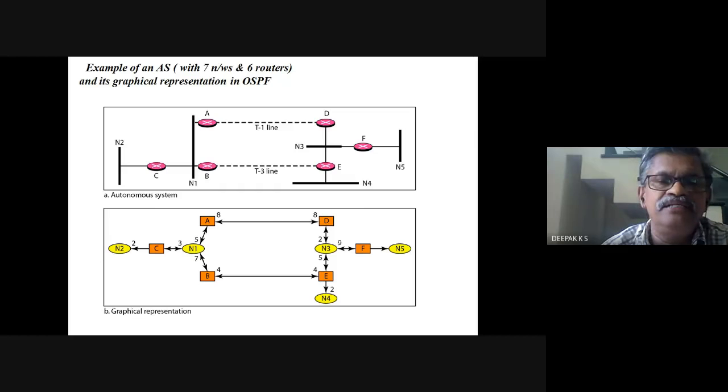This may be the designated router, and these 3 are the actual routers A, B, C. One of these would take its role here as a designated router and also as an actual router. So this could be one representation in OSPF rather than this one. This one is the actual thing.